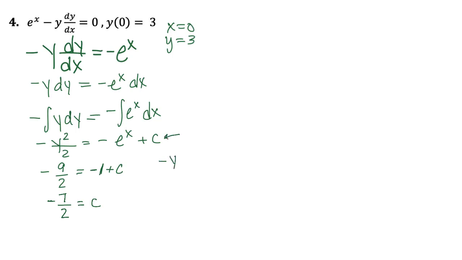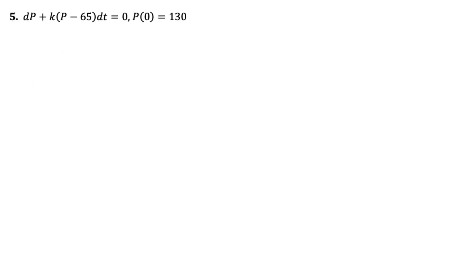So negative y squared over 2 equals negative e to the x, and then plus c, which is going to be negative 7/2. And I bet we could drop a negative from every term, couldn't we? If we wanted to. You could do that. You can multiply everything by 2 if you wanted to. You can leave it like this, even better.